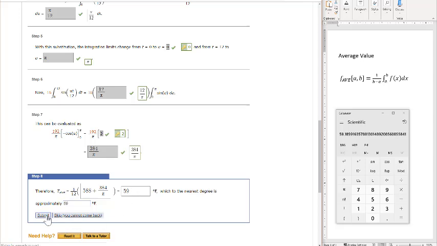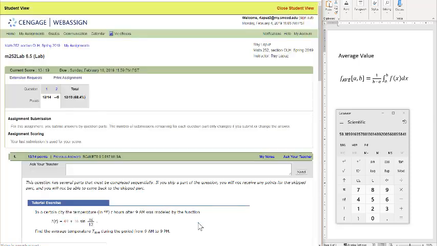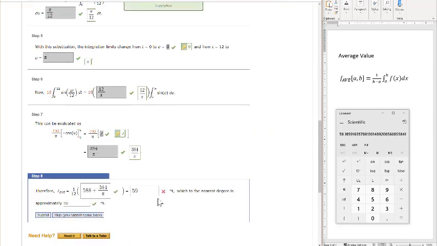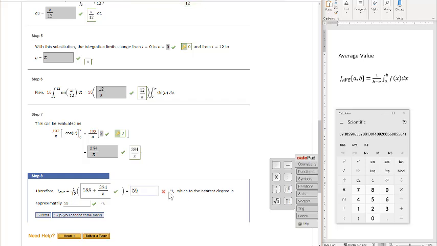All right, let's go ahead and check that. Yeah, it didn't look like it was 59. Oh, maybe they wanted an expression, so I'm just going to type this in and see what they come up with. 588.